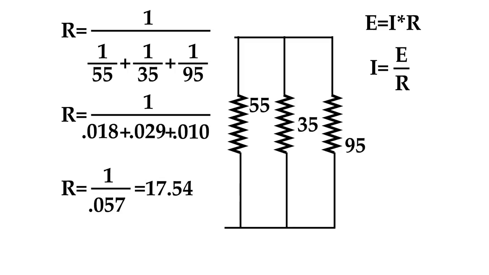And when you take a look at those 3 parallel resistors, that does make sense because the lowest of the 3 is 35, and then you've got 2 more resistors in parallel, so the resistance has got to be less than 35 ohms, and in this case it is 17.54 ohms.